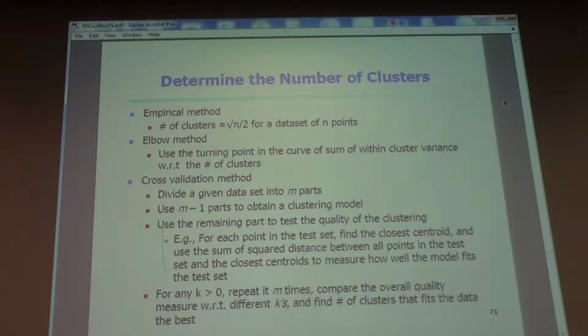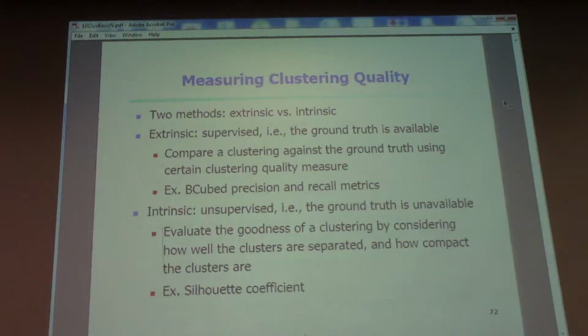So that is one thing that you need to evaluate. There are different methods. So you can use this one, or you can use the curve of the sum of within-cluster variance.